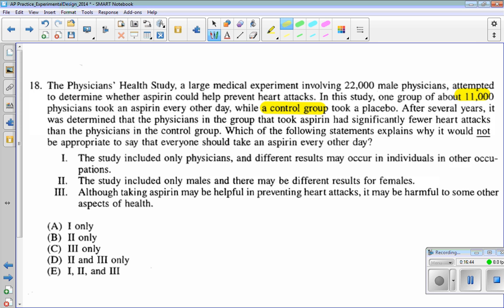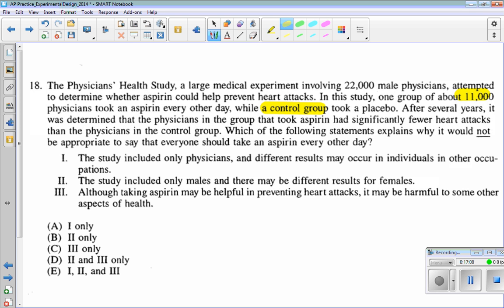The study included only males, and there may be different results for females. Agreed. Because you really should block by gender, because we all know that males and females have different responses to different things. Although taking aspirin may be helpful in preventing heart attacks, it may be harmful in some other aspects of health. True? That can be a true statement too.